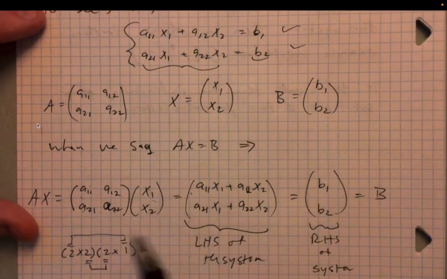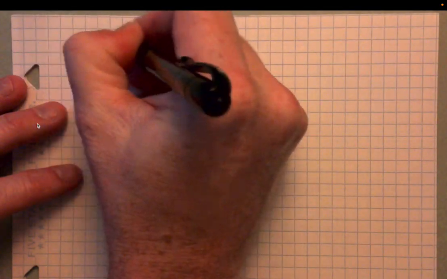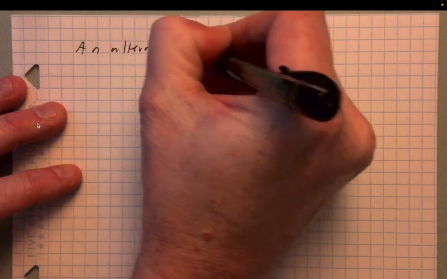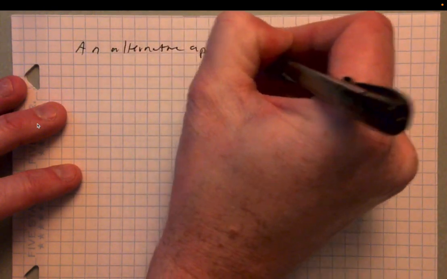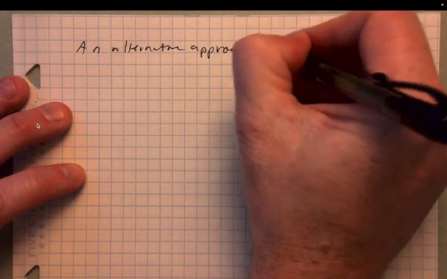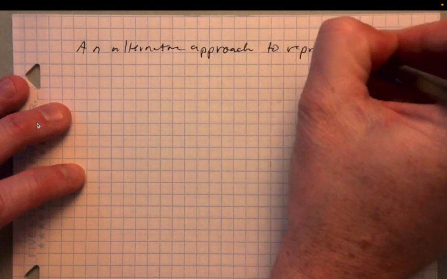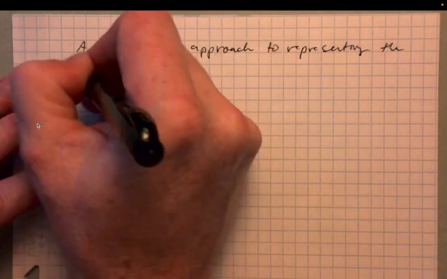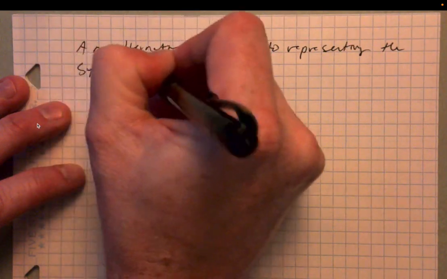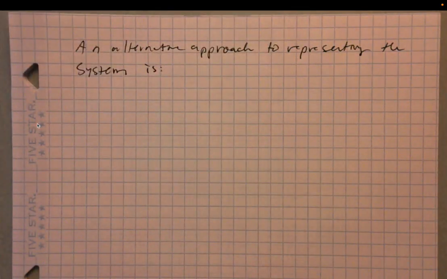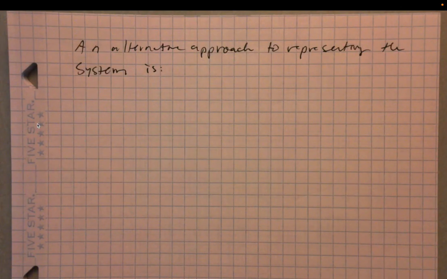So this is the idea behind the matrix equation, AX equals B, and how it relates to the system. Now, there's an alternative method which is convenient, which will help lead us into our Gaussian elimination. An alternative approach to representing the system is to form what's called an augmented matrix.